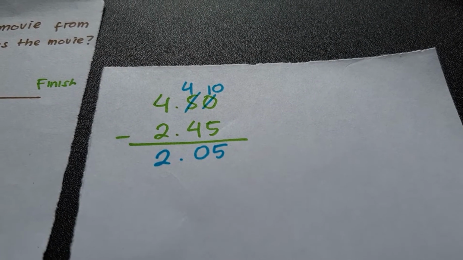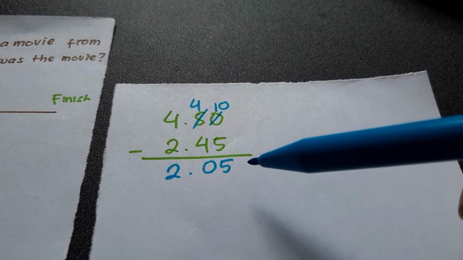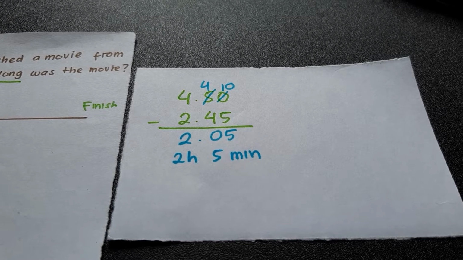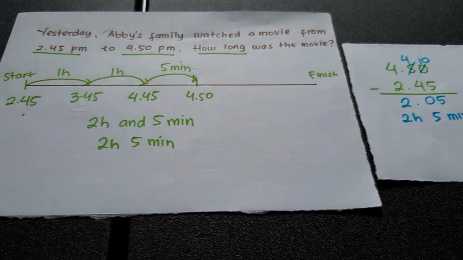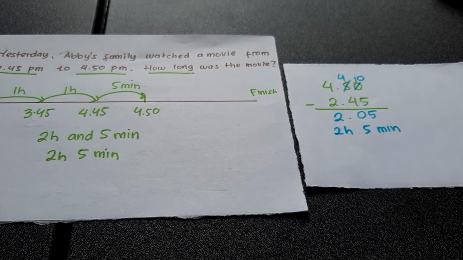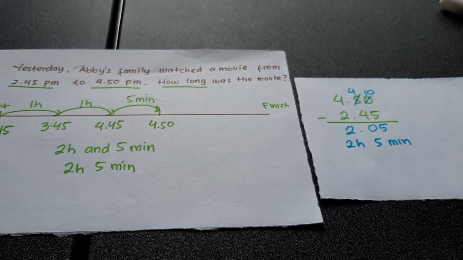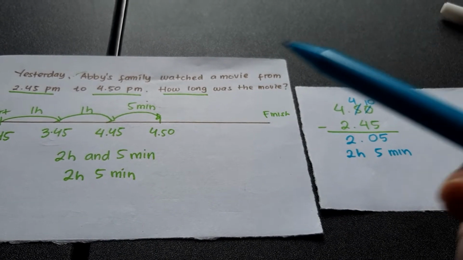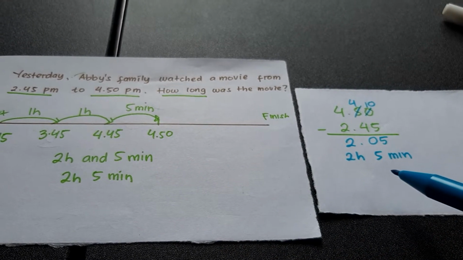So the answer is 2 hours and 5 minutes. There you go, 2 hours and 5 minutes. Is it the same as the timeline counting? Yes, it's the same. So whenever you have a word problem, you can use two ways. The first way is the timeline way, and the second one is the counting way.